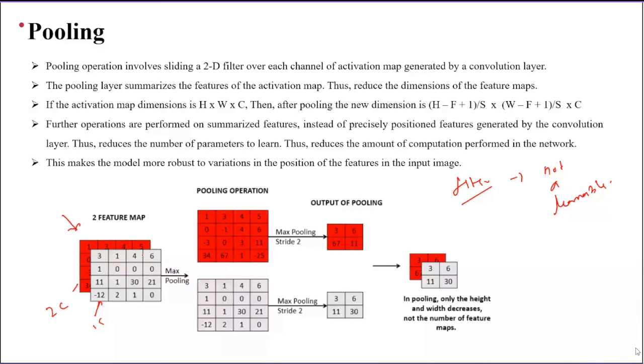So in pooling operations, we use a filter and we use strides. A pooling operation is like a convolution operation. We are using a filter which will slide over the channels of the activation map generated by the convolution layer.